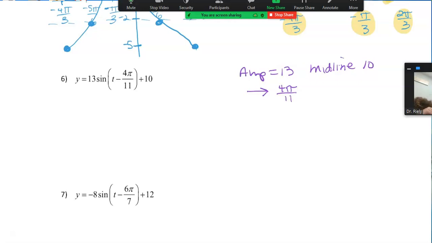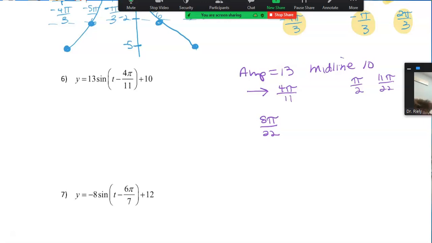But it's going to be hard to deal with that, so I'm going to make it 8 pi over 22. Why did I do that? Because I need an even number on the bottom. So I want to add pi over 2 each time. I'm going to multiply this by 11 over 11, and I'm going to add 11 pi over 2 each time.